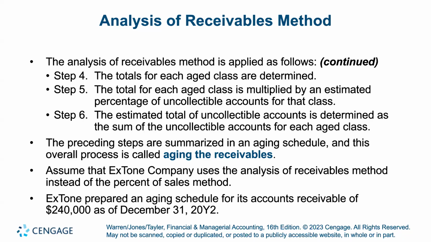With the sales method, when we're basing our uncollectible receivables on sales, we're just calculating the amount of sales that are uncollectible, and we're debiting bad debt expense and crediting the allowance for doubtful accounts for that amount. With the analysis of receivables method, we're figuring out the amount of receivables that are not collectible, and then taking those percentages and bringing our allowance for doubtful accounts up to that amount.